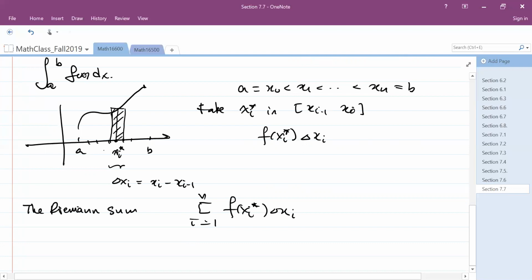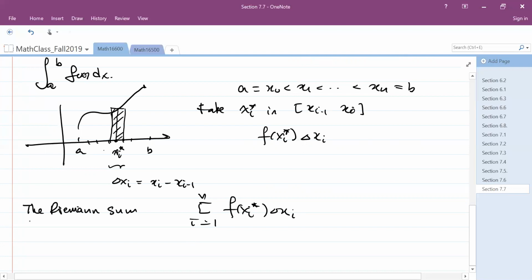If the function is positive, the Riemann sum is just the total area of these rectangles. These rectangles put together are going to be a good approximation of the region under the graph.